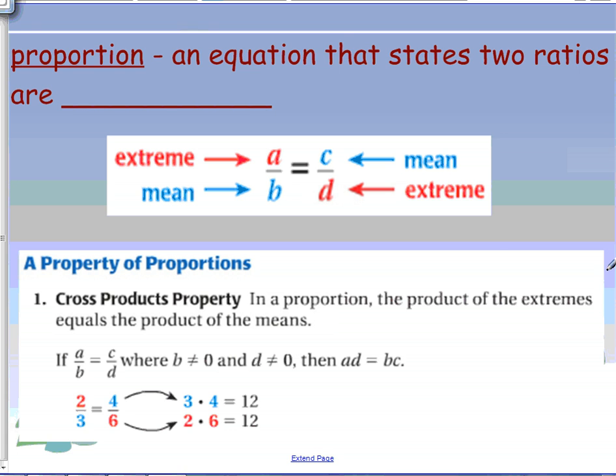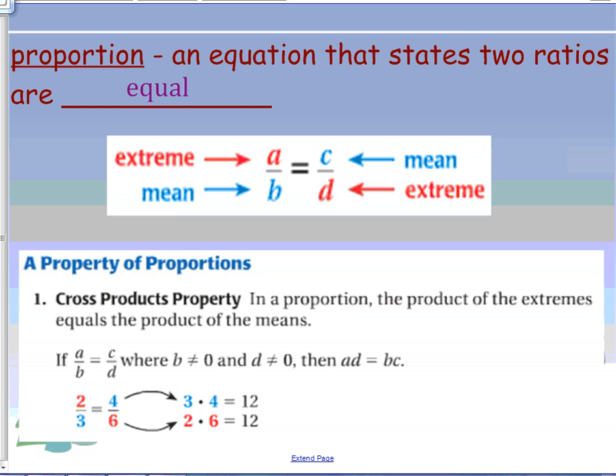All right, the second part of our lesson today is to talk about what a proportion is. A proportion is an equation that states two ratios are equal. So for example, we have A over B equals C over D. With proportions, you can often find out if the ratios are proportional or equal by cross multiplying.